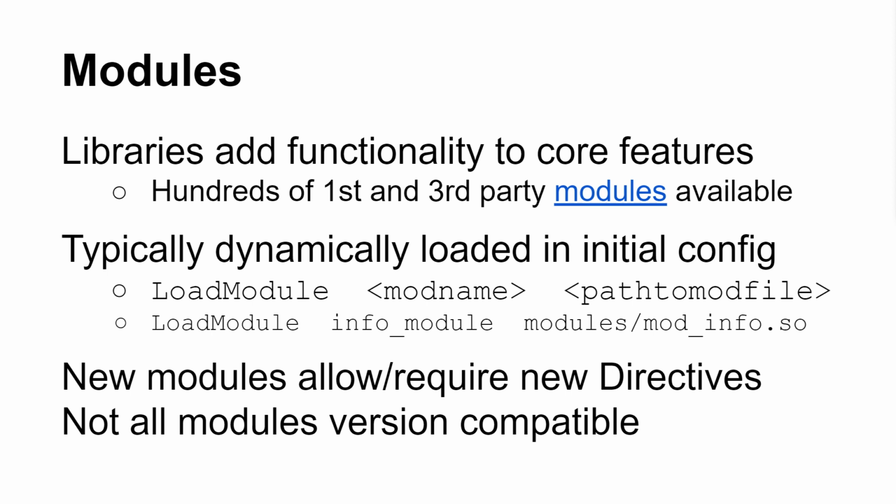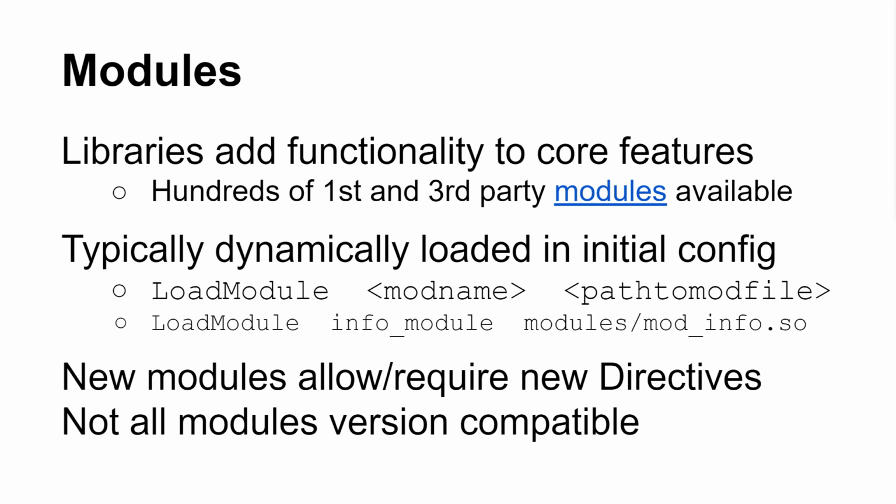In order for Apache to use these modules, they need to be loaded in the initial configuration, meaning the httpd.conf file. As you looked through that particular file, you've probably gone through that section where there's a whole bunch of LoadModule commands. The method of using that is to use a LoadModule line. It's the directive, followed by the name of the module, followed by the path to the module file coming from the installed Apache root.